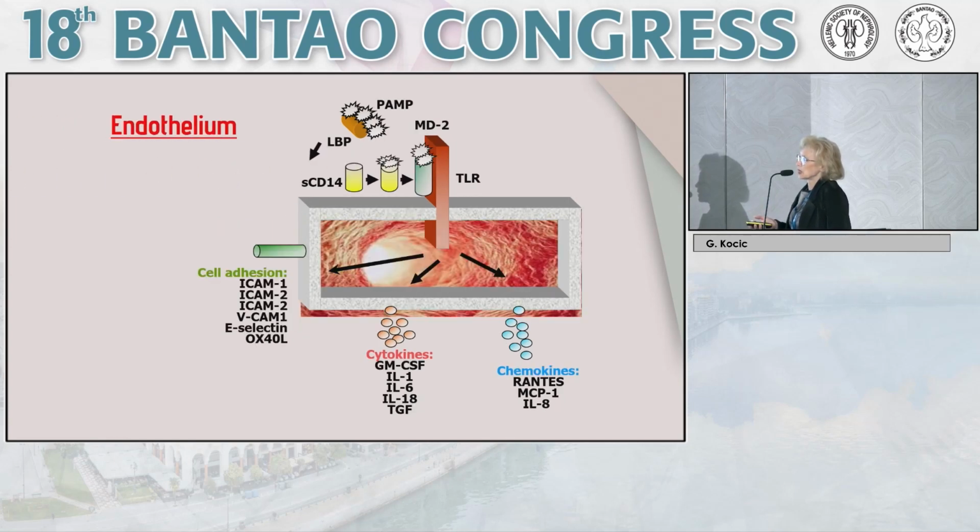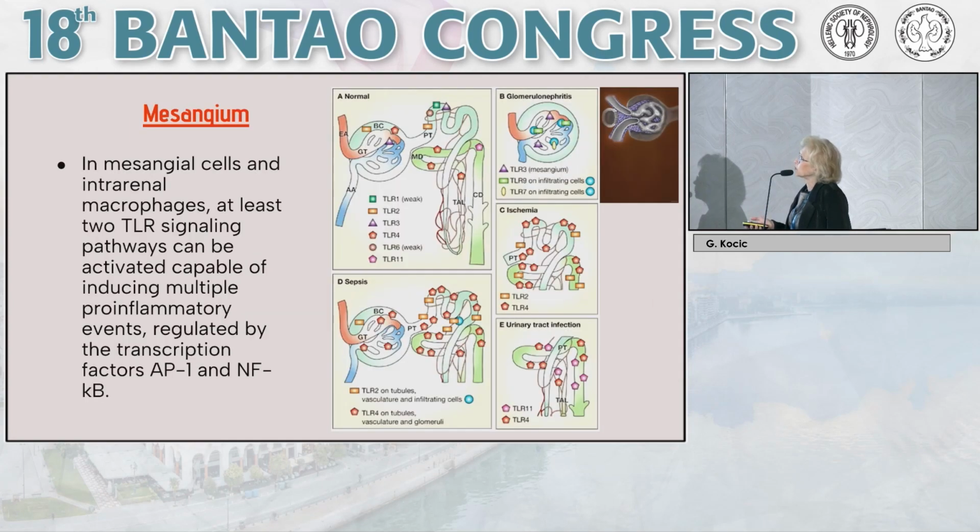The other cells very rich in toll-like receptors are endothelial cells, which are also capable, upon stimulation of toll-like receptors, of secreting cell adhesion molecules, cytokines, and chemokines.